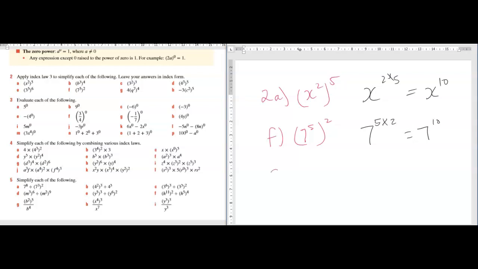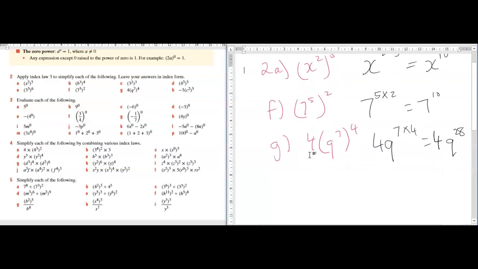If we had something like g, we've got 4q to the power of 7 to the power of 4. So the 4 isn't taken to any powers, so that stays. The q is to the power of 7, and then that is to the power of 4. So we're going to have 4q, 7 times 4 is 28.